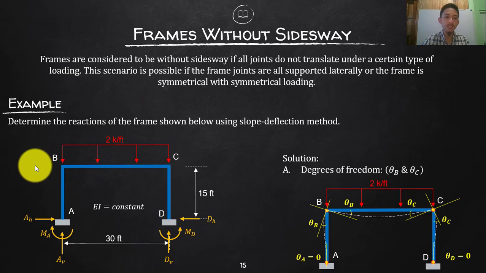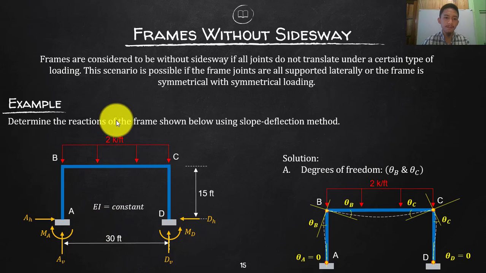This is not actually braced laterally, but your frame is exactly symmetrical. If I will try to consider this middle here, then compare left and right side, then that is actually symmetrical.